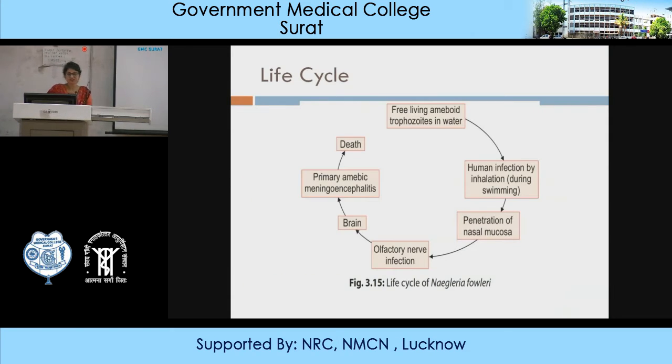These free living amoebic trophozoites present in the water bodies cause human infection through inhalation while swimming or diving, and they penetrate the nasal mucosa. Through the nasal mucosa they enter the olfactory nerve and then reach the brain and cause CNS manifestation in the form of primary amoebic meningoencephalitis and cause death.